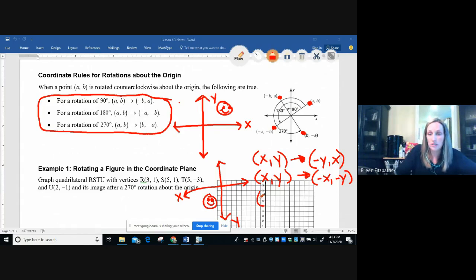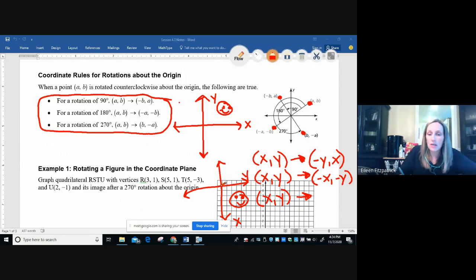And the last one is rotating 270 degrees. If I rotate 270 degrees, my smiley face would now be in this quadrant here. Again, I'll start with the X. The X would rotate here for 90, here for 180, down here for 270, and the Y would be there.